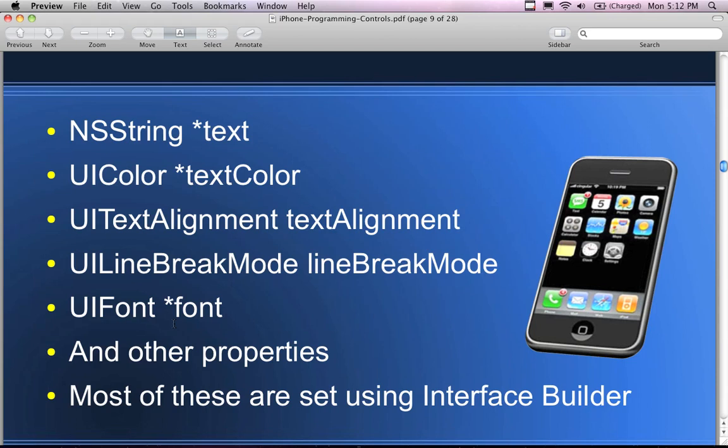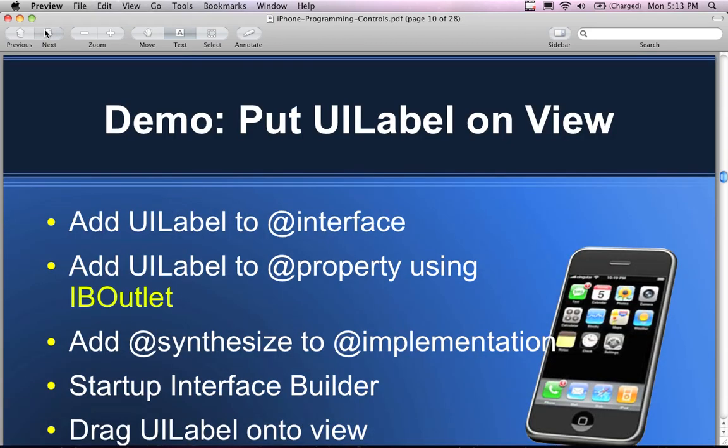The only problem is you actually have to ship it with the font if you're going to use a special font that's not supported. So most people just go with standard fonts. Other properties exist as well. I'm not going to go through each one of the properties, I'd bore you to death, but it gives you an example of what's most popularly set. So most of these are set using the interface builder, but you can also set them programmatically.